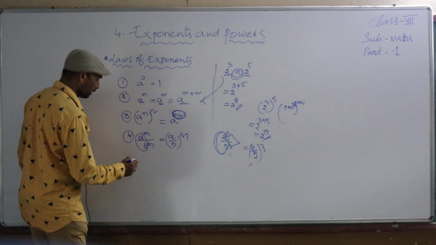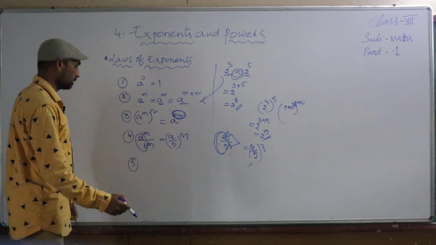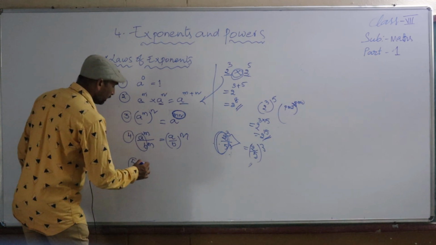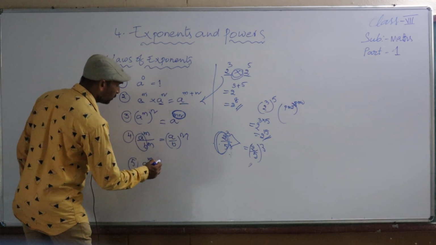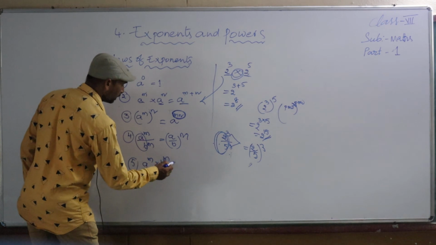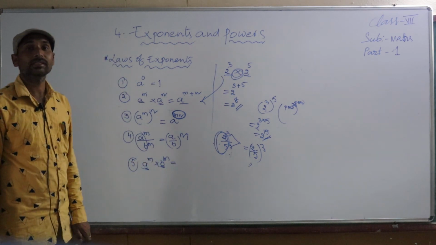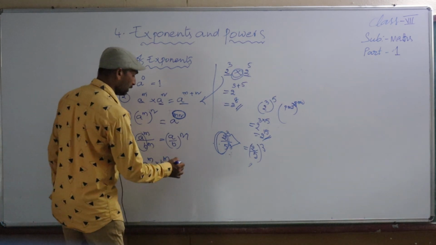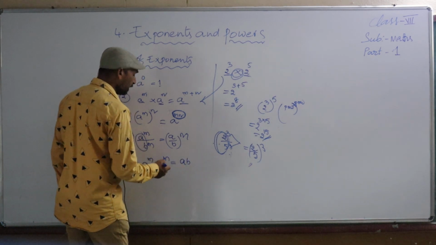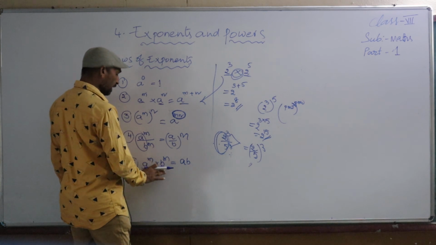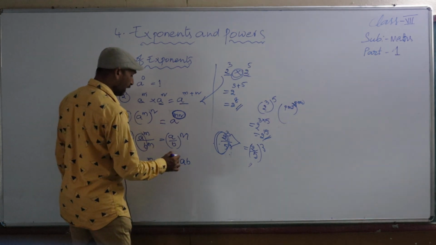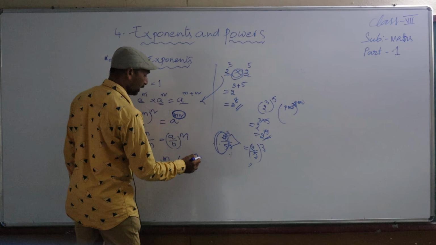Next, the fifth one. See children here, a power m into b power m. Here the bases are different and the powers are equal, so the bases should be multiplied with the common power.